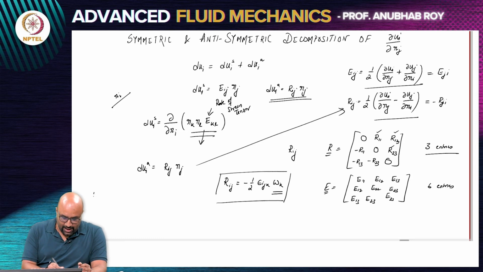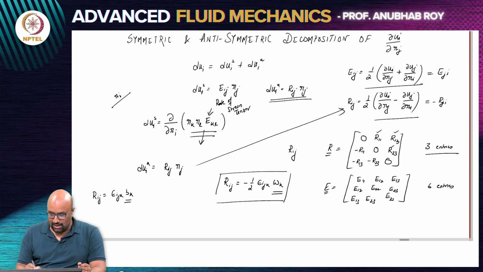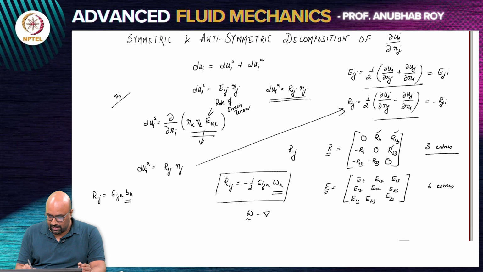In general, for any antisymmetric tensor, you could also write it in this manner: epsilon ijk with some pseudo vector that is b. Here, this omega that we have has a very precise definition, which is why it appears here with the factor of minus half. So, omega is the curl of the velocity.